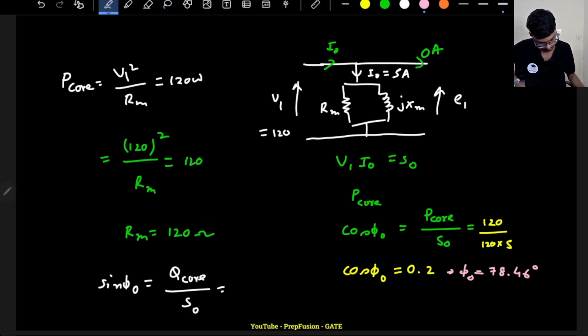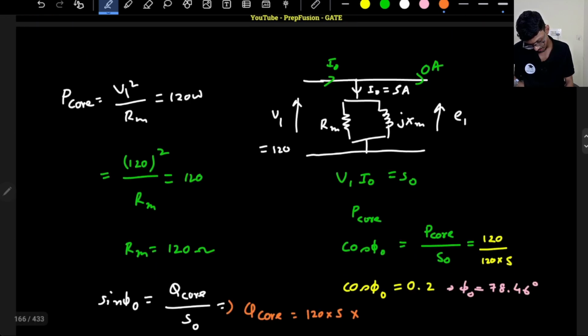Okay, so Q core. They have asked me to find the Q core, the reactive power consumed in the core. It will be S naught into sin phi naught. S naught is V into I, that is 120 into 5, with 5 amperes.